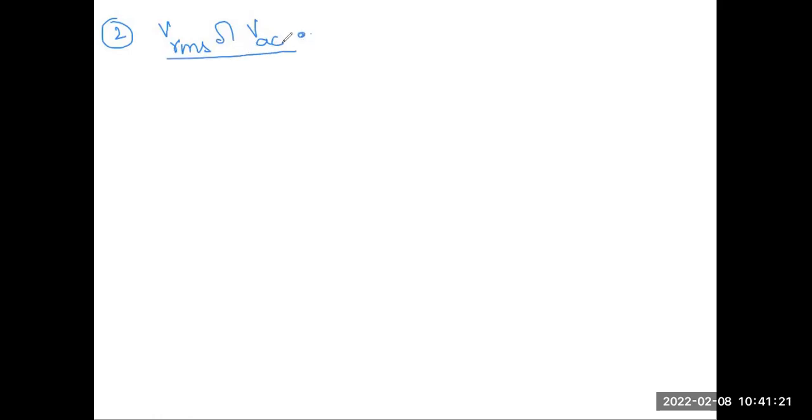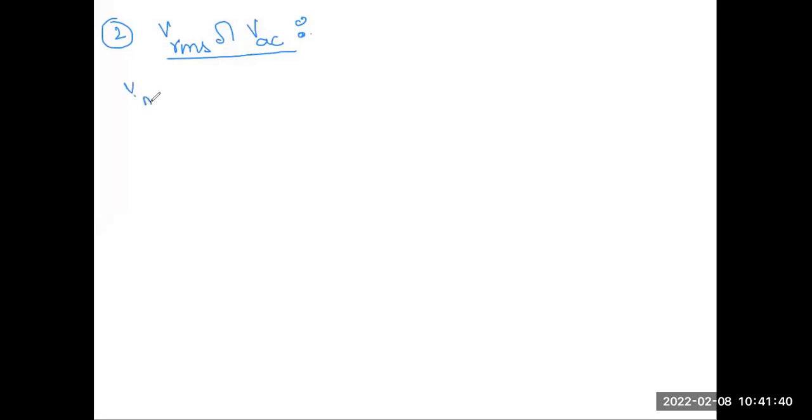Now, how do you give the expression for this? Square root of 1 by T. RMS stands for root mean square, isn't it? So you are calculating the root mean square value of our output waveform, which is the rectifier output. So how is this given?